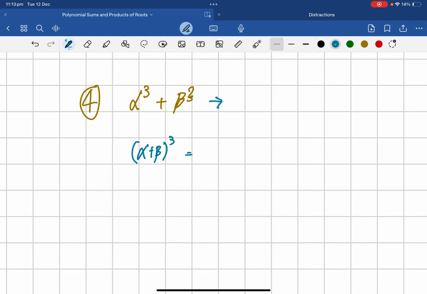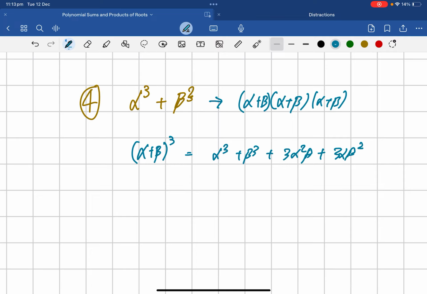And this is equal to nothing but alpha plus beta. Let me actually shrink it up here. This is just alpha plus beta, alpha plus beta, and again alpha plus beta. And when you expand this, you're going to end up getting alpha cubed plus beta cubed plus 3 alpha squared beta plus 3 alpha beta squared.